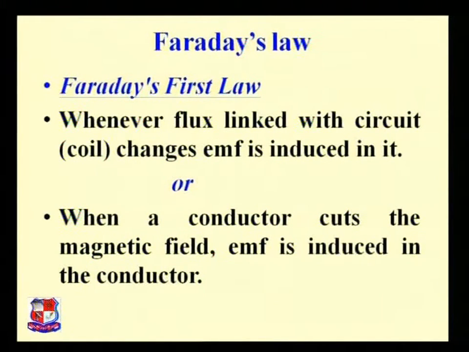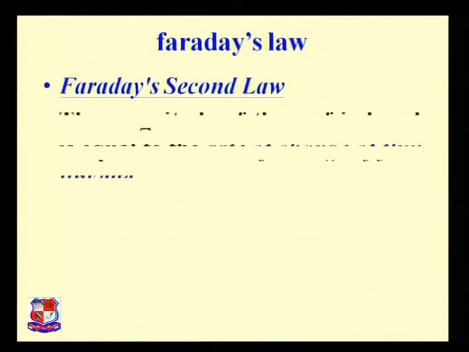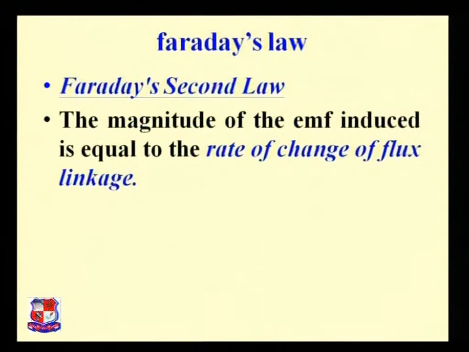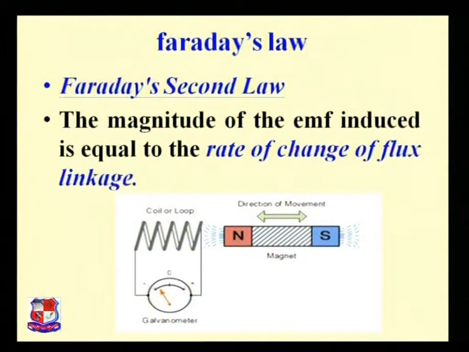Now the second law gives the equation. The magnitude of the EMF induced is equal to the rate of change of flux. See the figure; in the figure we clearly see both laws. Whenever current passes through the coil, magnetic flux is produced.